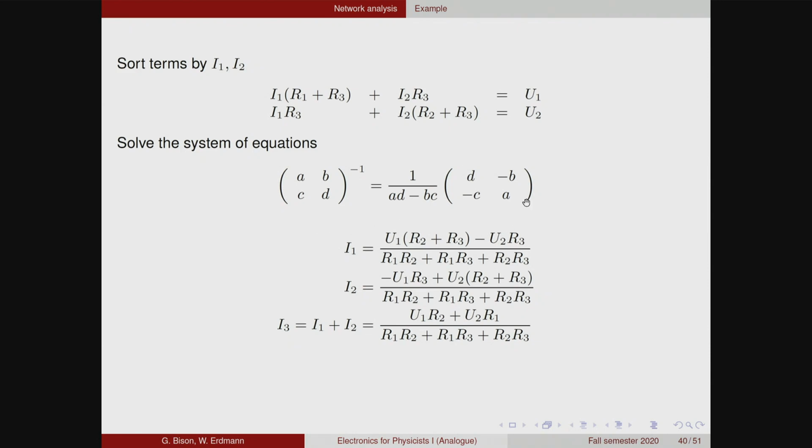Using the general solution for an inverse matrix, we then can determine current 1 and current 2 and use again the relation between these and current 3 and come up with this equation. Now, this is not the most trivial expression if you want to combine voltages and resistances.